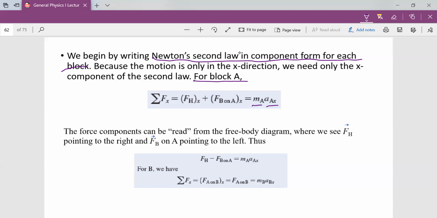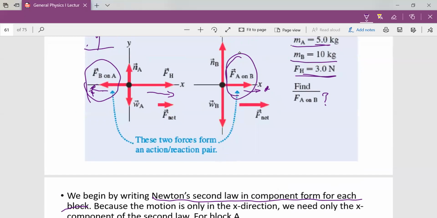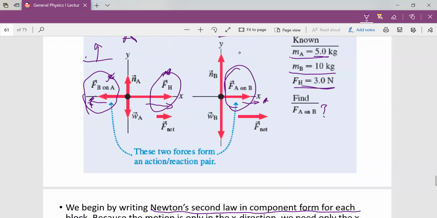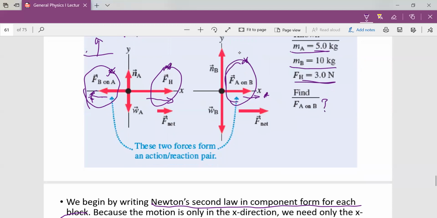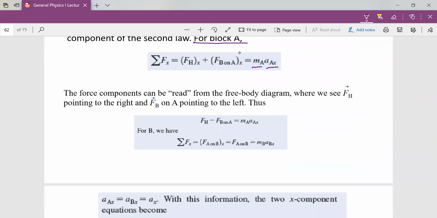So we'll have the force of the hand plus the force of B on A. These are the two forces in the x direction of A. While on the B side, we have only one force in that x direction. So we'll bring out the x component plus this equal to this.